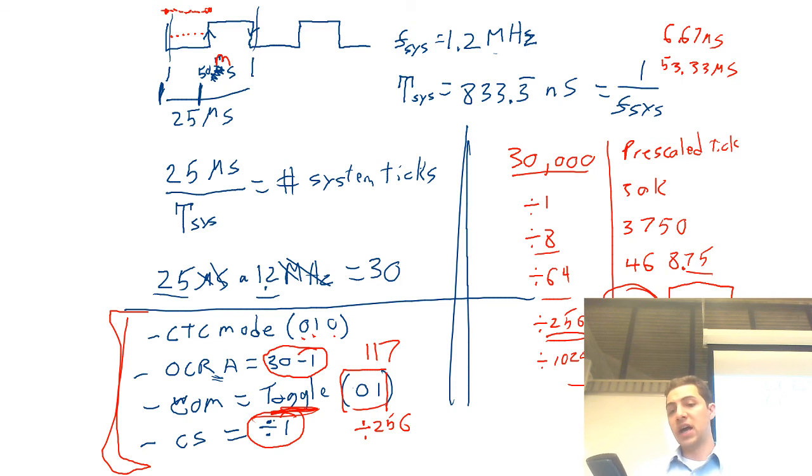gives you 29.3. And the thing to know about this is that 0.3, first off, is farther away from an integer value. So you're going to have more error. But it's even worse than that, because that's 0.3 of 1024 ticks. This is 0.18 of 256 ticks. So it's even worse error than you might imagine. Okay, but it is good to look.